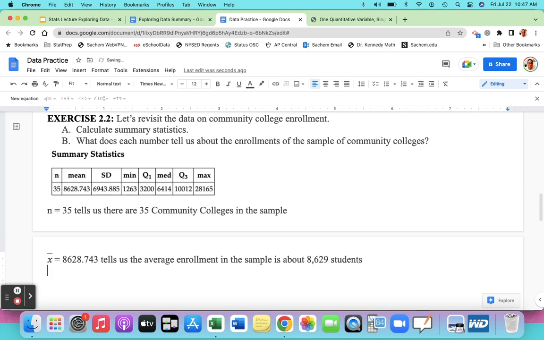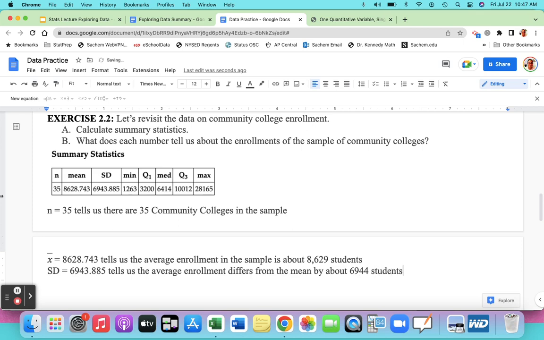Okay, that's the average. The SD, which there is no symbol for, it's just SD, standard deviation, which is 6943.885, tells us the average enrollment differs from the mean by about 6,944 students.